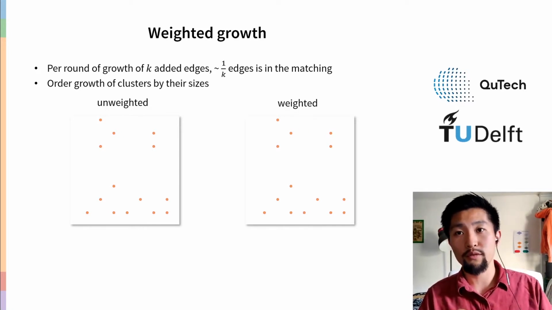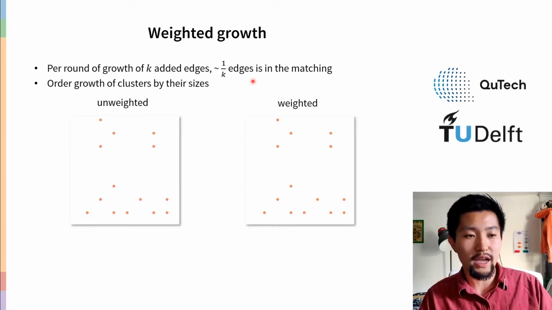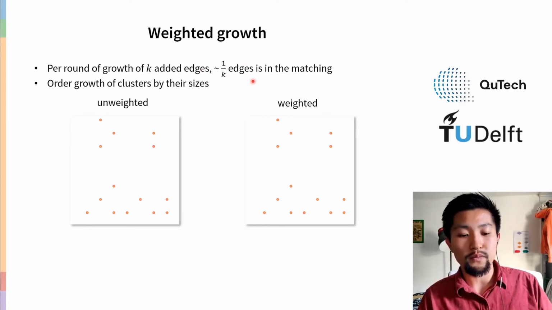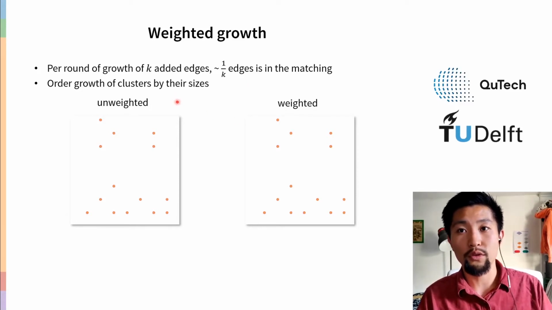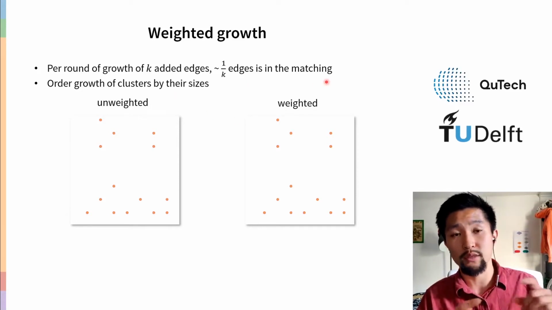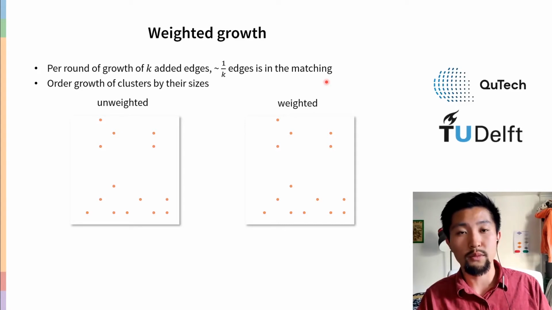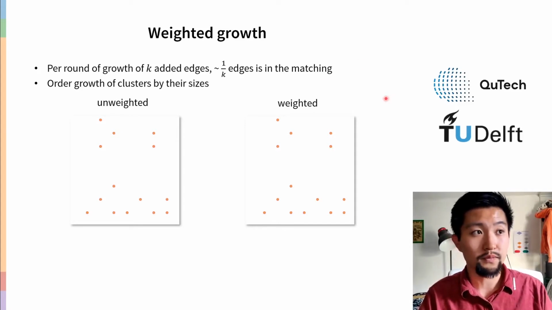So if k edges are added, only one of these k edges is in the matching. So you're actually adding a lot of faulty edges, which will not eventually be in the matching. A good way of doing things would be to order the growth of clusters by size, because with a smaller cluster you would add fewer faulty edges.